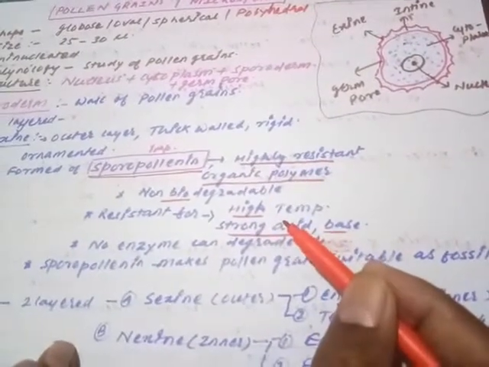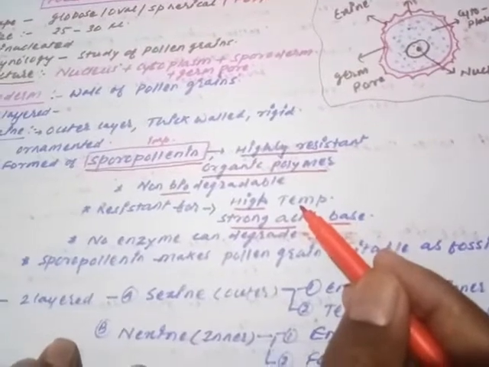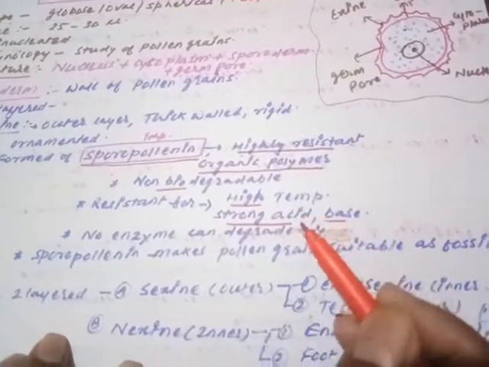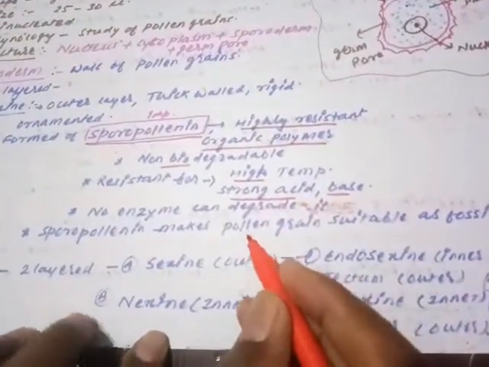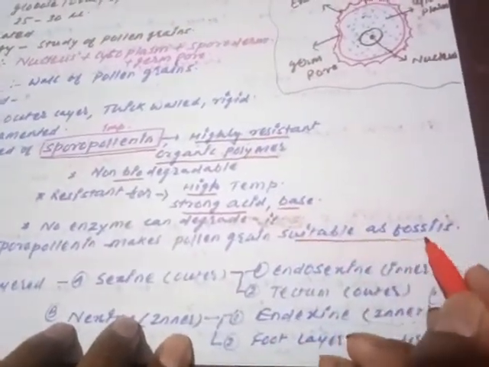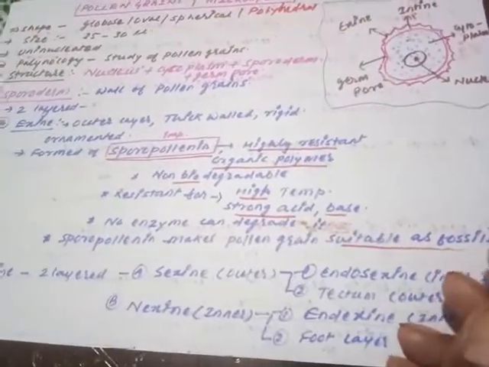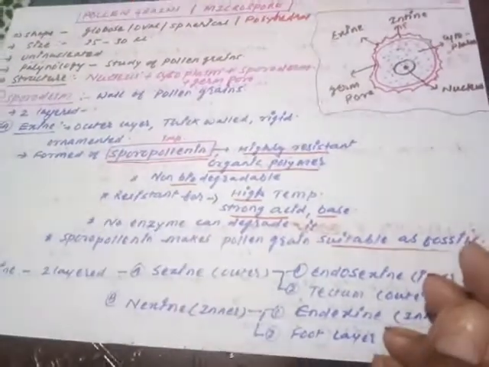So sporopollenin is a tough material which cannot be degraded easily, and this property makes the pollen grain suitable as a fossil. This is a shocking fact, but we have recovered fossils of pollen grains also.